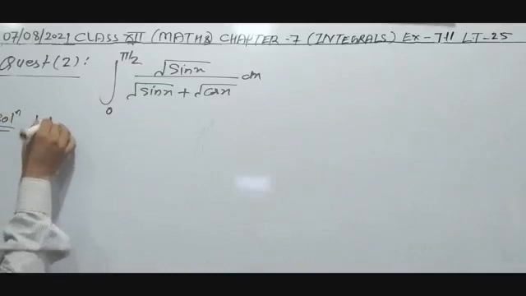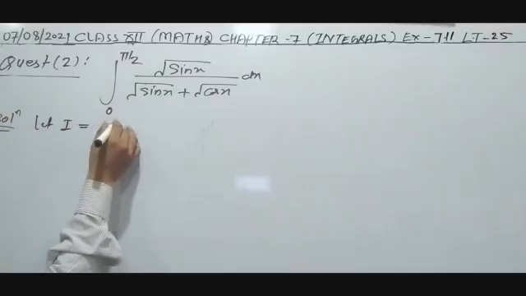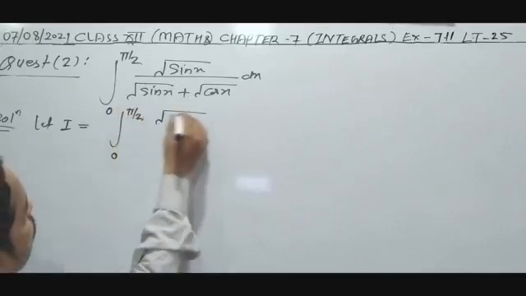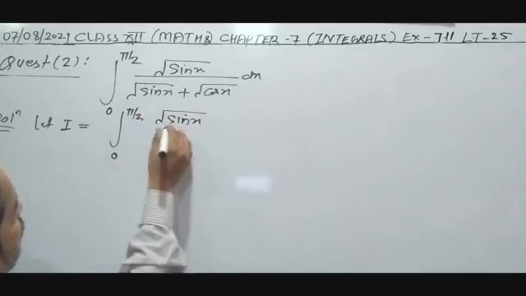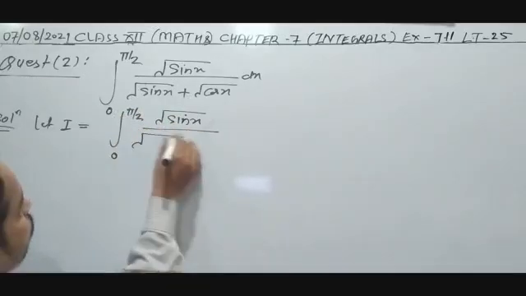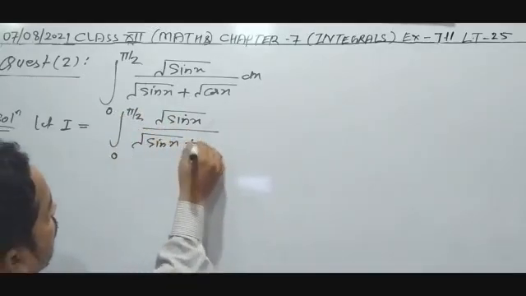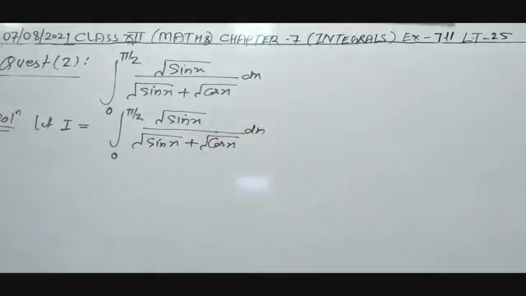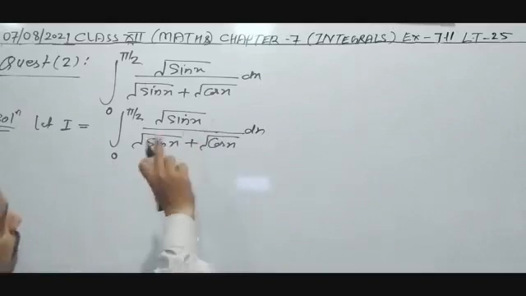Let I is equal to integration over 0 to pi by 2 root over sin x whole upon root over sin x plus root over cos x dx. Now again you will use the formula integration over 0 to a f x dx is equal to integration over 0 to a f of a minus x dx.